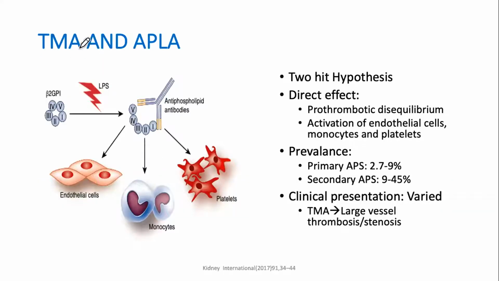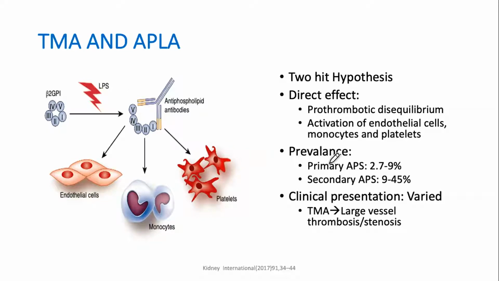So what is APLA-mediated TMA? It also occurs with the two hit hypothesis. What is different in this disease is that there is activation of endothelial cells, monocytes, and platelets. Thus, there will be intense sclerosis of the vessels apart from the prothrombotic state.